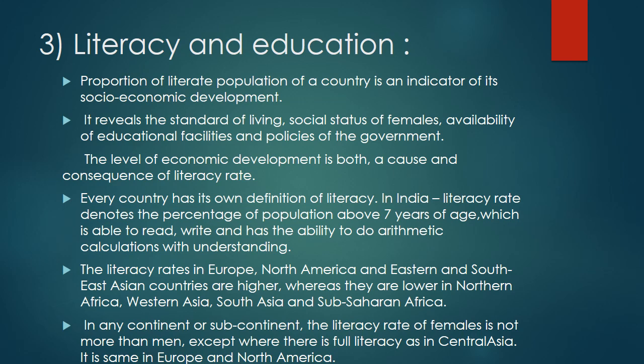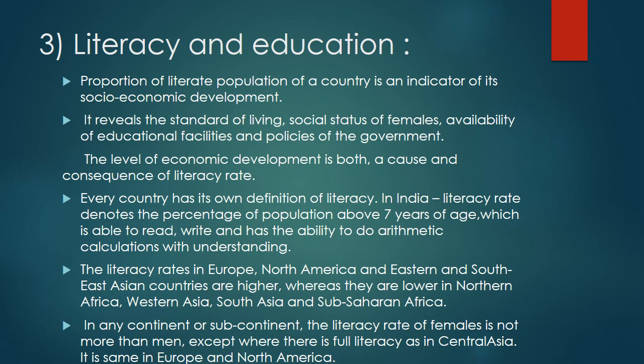So in India, all the population above 7 years is considered literate only if that particular person can read, can write, and can solve arithmetic calculations with their own understanding. Then it is considered a literate person.